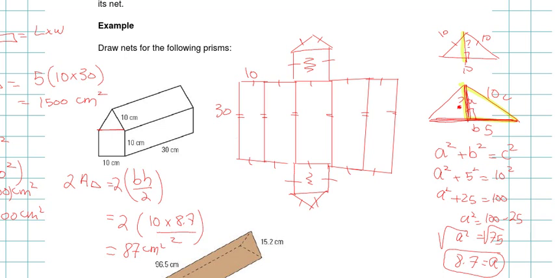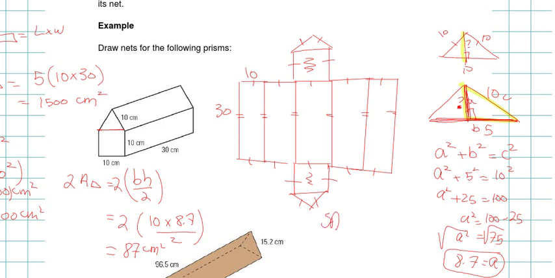And then to find your total surface area, what do you do? So I found the area of all the triangles, I found the area of the squares, and I found the area of the rectangles. What else do I need to do to find your total surface area? Add them all together. Okay, so the total surface area. When it comes to a 3D shape, we call it surface area.